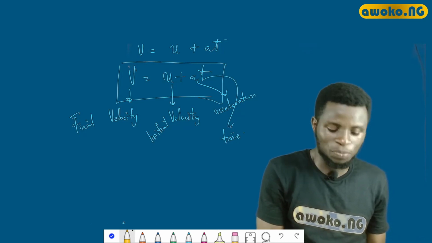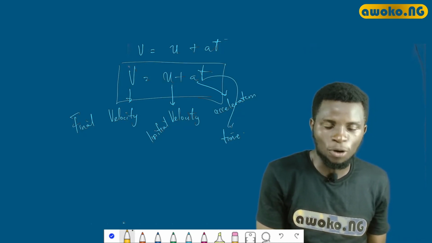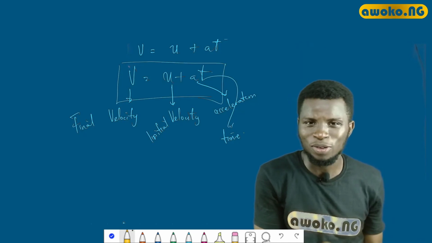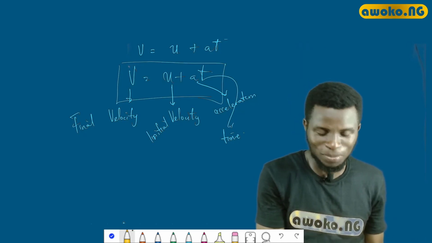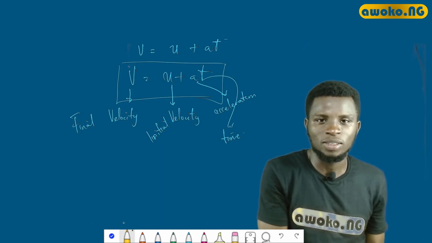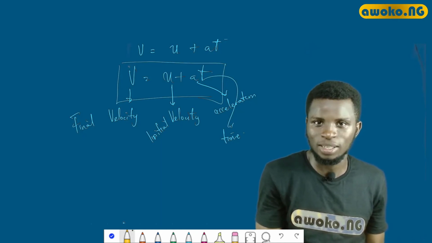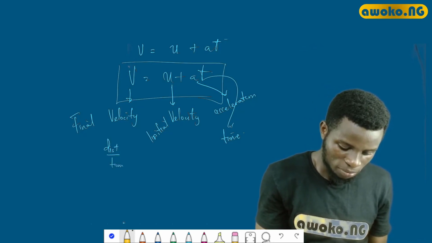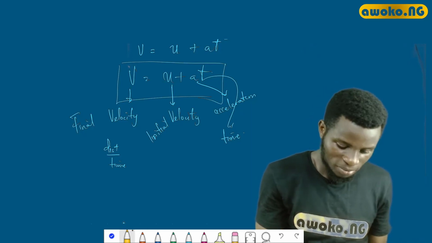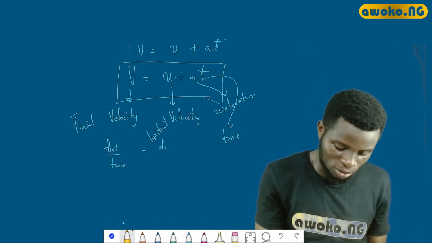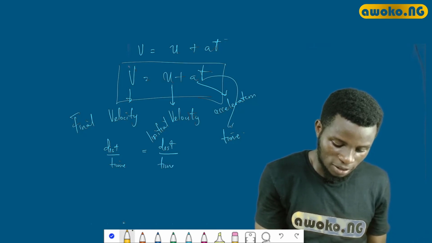Okay, what is the unit for velocity? Before discussing what the unit for velocity is, we need to know what velocity is, right? So it is the ratio of the distance covered over the time. So we have distance over time. Now equals, initial velocity is also velocity, so it is also distance over time.